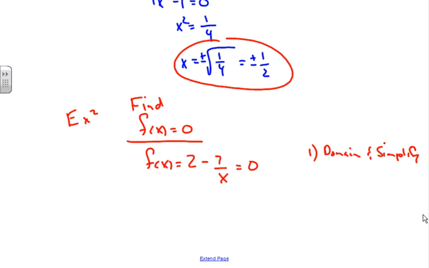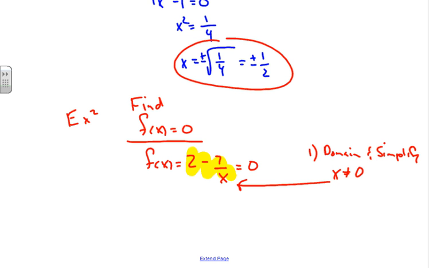Looking at this one, we can see that right here we have 2 minus 7 over x. We realize that in our domain, whatever solution I get, x cannot equal 0, because that is in the denominator right there. That's where it's undefined. So if we get a solution of 0, that is not one of our solutions. That is not a zero.